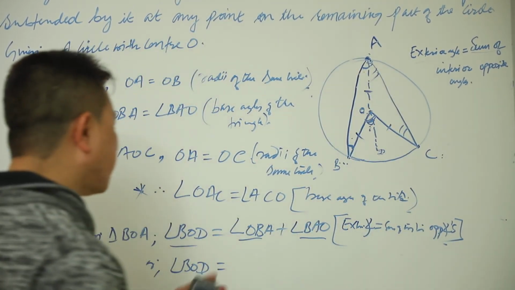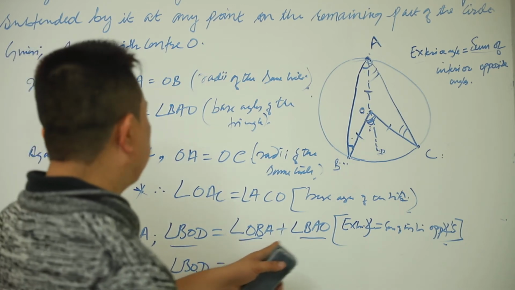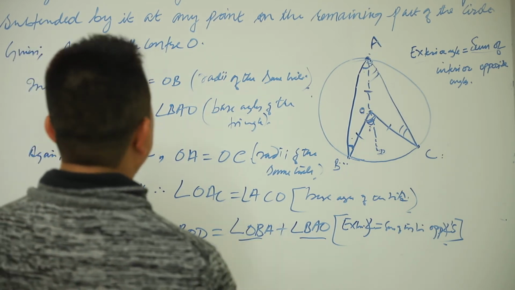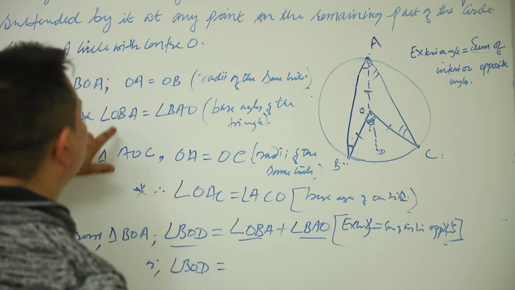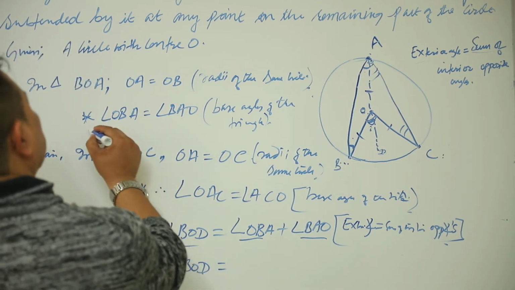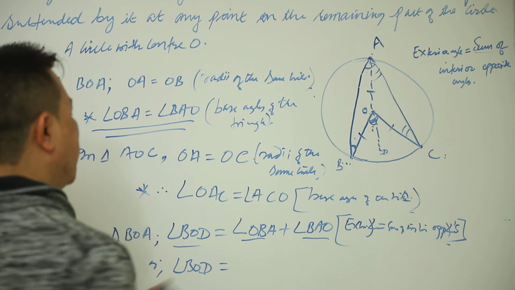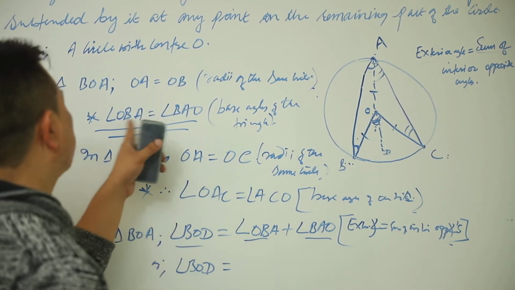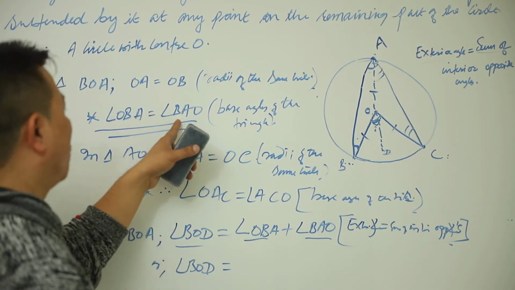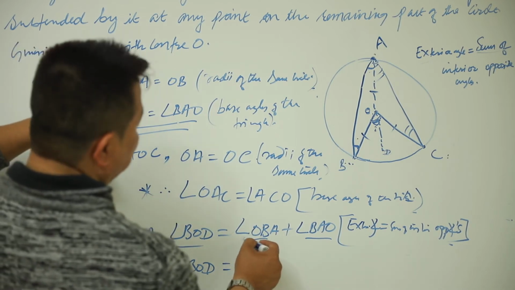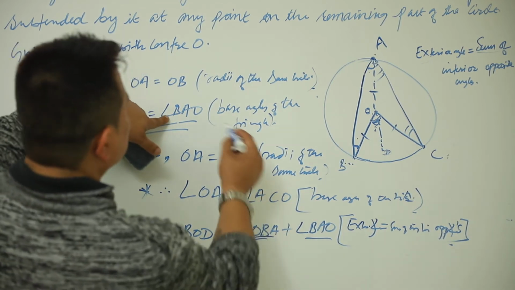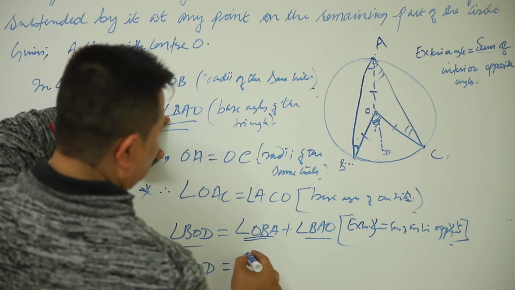Now tell me, angle OBA and BAO, what is the relationship? Angle OBA, what is the meaning of angle OBA? That we have already found out here. Angle OBA is angle BAO, so we can replace angle OBA by angle BAO, that we already proved before.